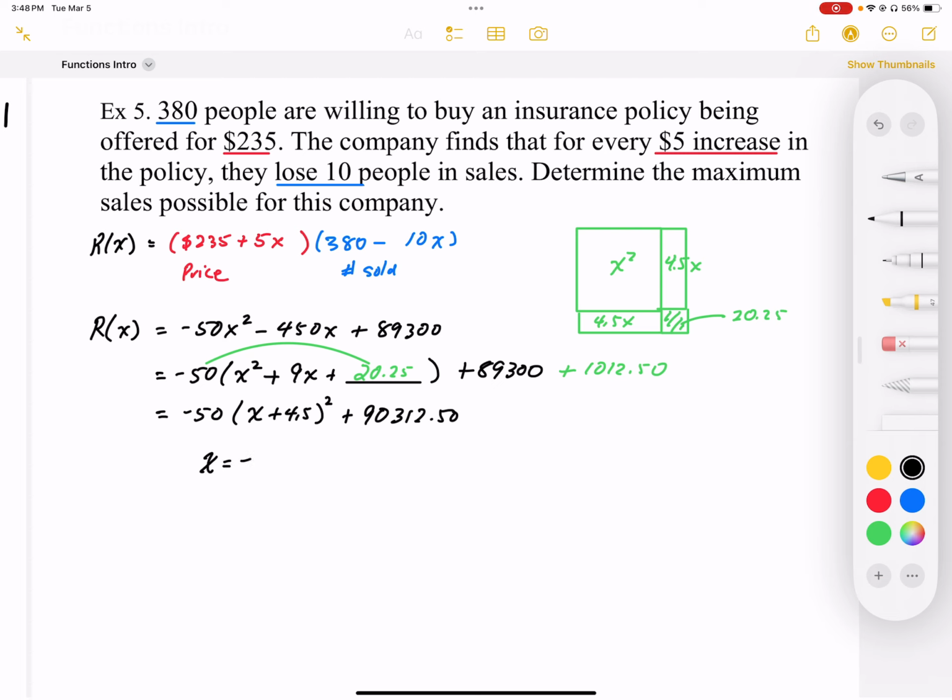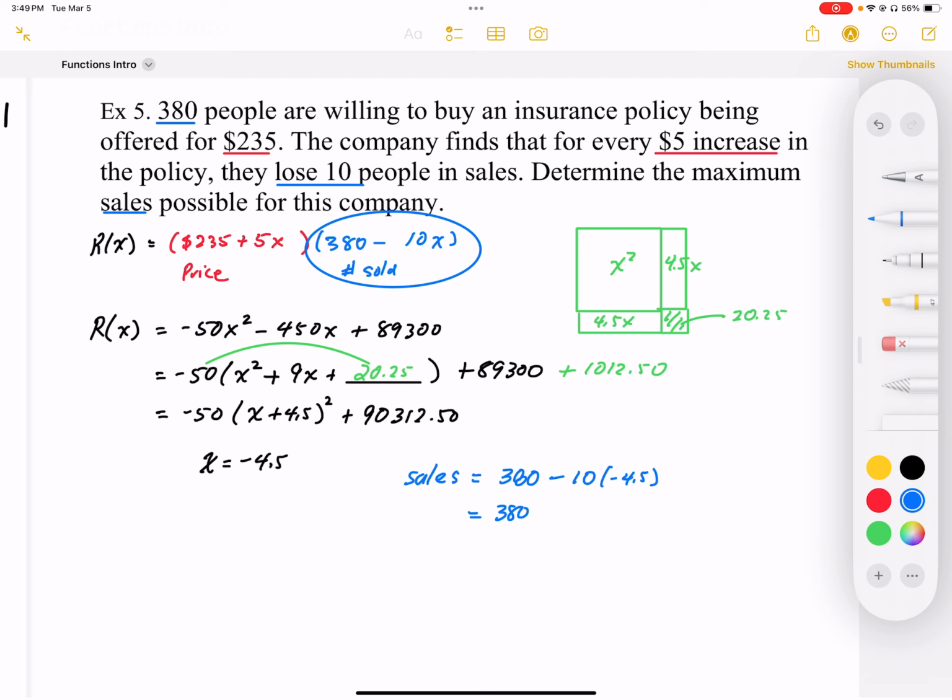That means that when x is negative 4.5, I get my maximum revenue. So the question is asking for the maximum sales. Okay, so I'm going to put it into this equation here. Okay, and so the sales, or the number sold, is going to be 380 minus 10 times negative 4.5.